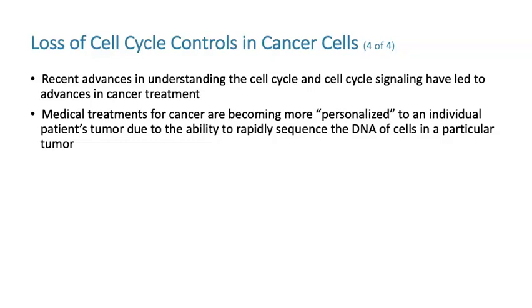Is this a signal in this cancer that's ignoring the M checkpoint? Is it a signal that's ignoring the G2 checkpoint? Is it a cancer that's ignoring the G1 checkpoint? So we can use personalized medicine to help treat with the very specific mutations that have happened for the very specific types of cancer that you or a loved one might have.